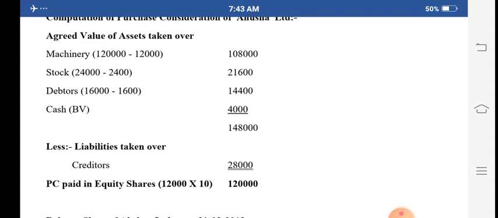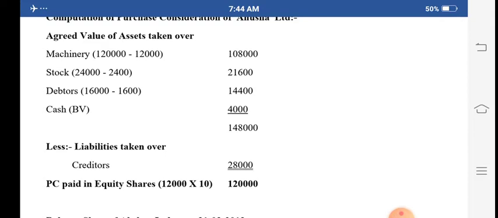So each share price is rupees 10. This 1,20,000 is not the number of shares; keep in mind, it is the share capital. Converting into shares, at rupees 10 each, it means 12,000 shares. So purchase consideration paid in equity shares is 12,000 into 10, which is 1,20,000.